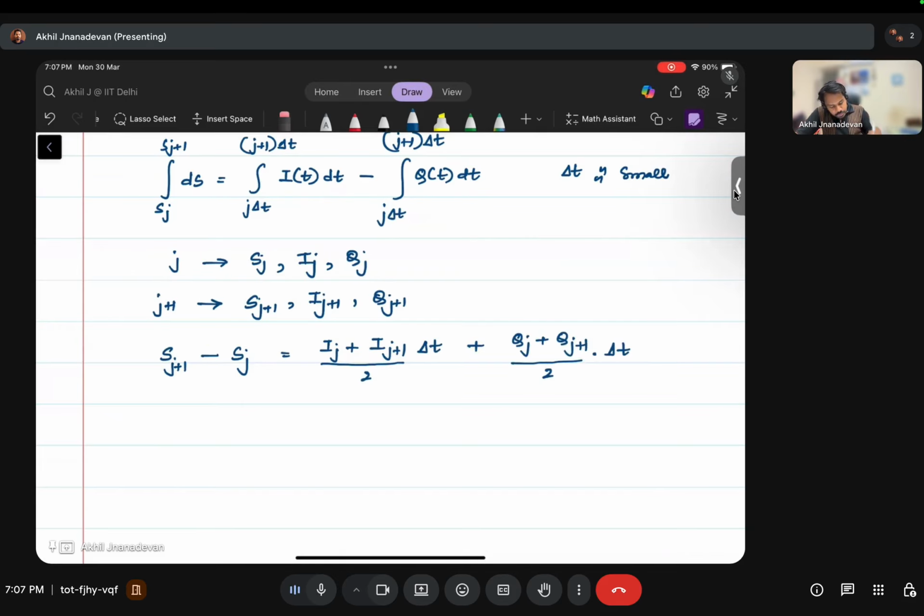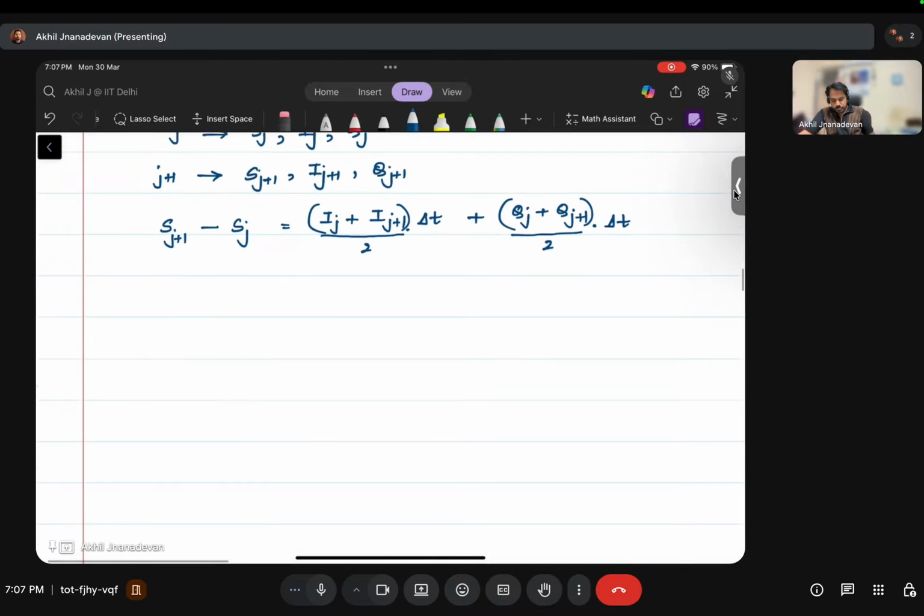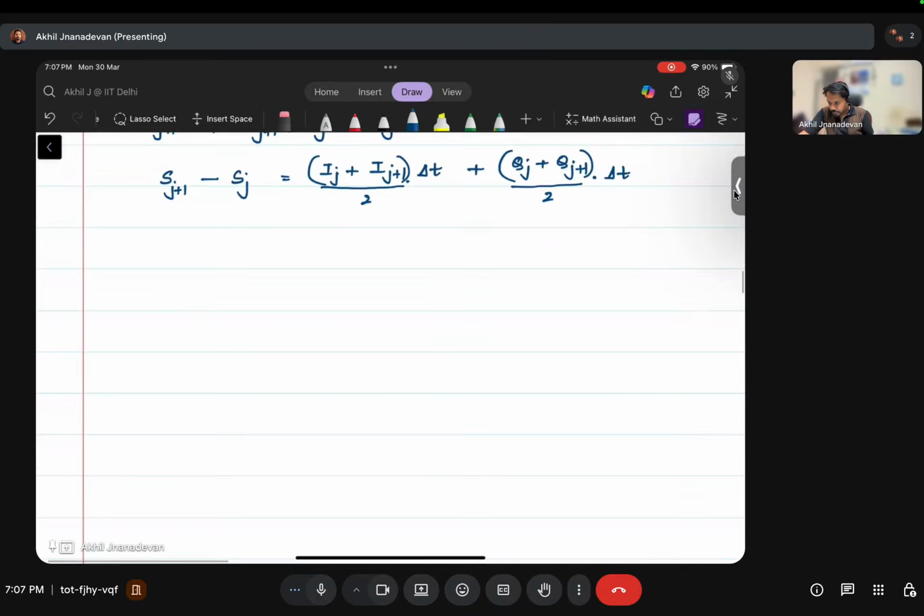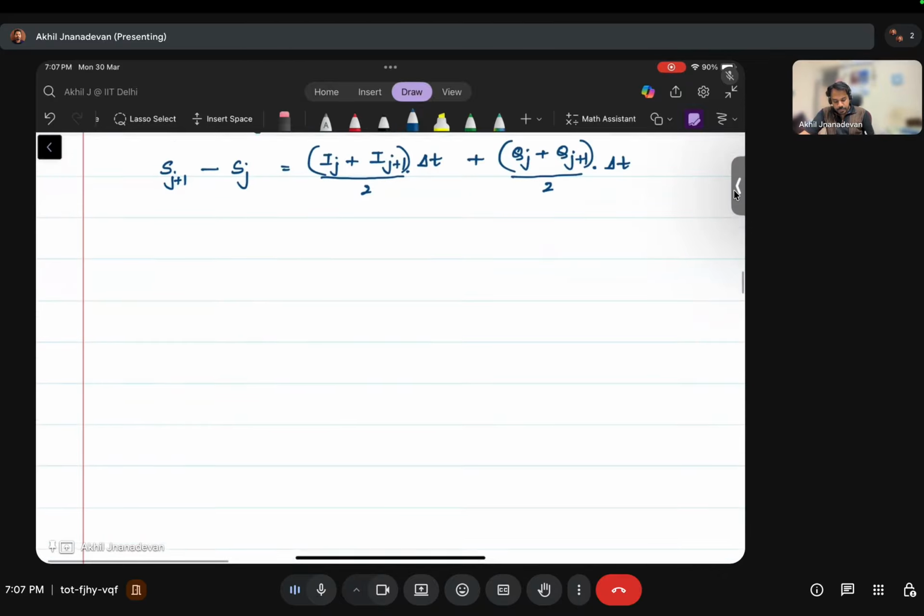Here we are assuming delta t is so small that the variation within the interval is linear. Then we have this particular equation.